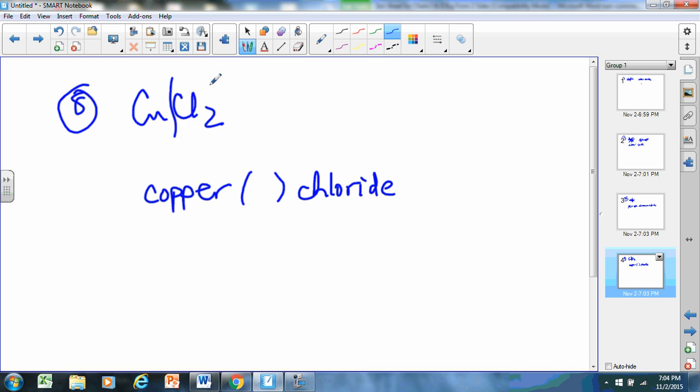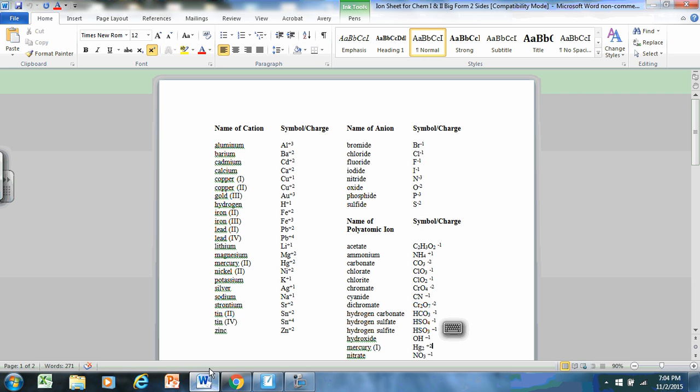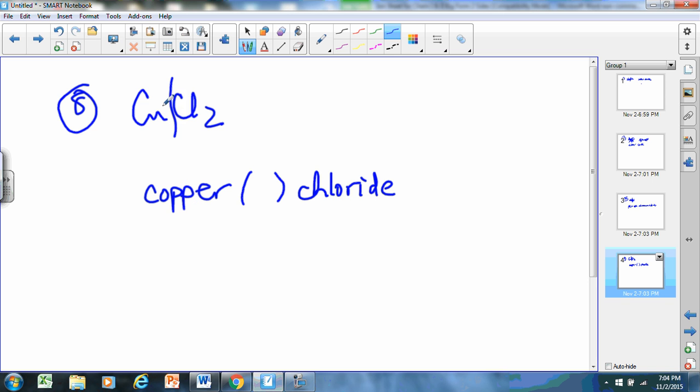Now, how do you figure out if this is a 1 or a 2? Because remember, coming back over here, some compounds of copper have a +1 charge, and some compounds of copper have a +2 charge. The way you figure that out is you solve a very simple algebra problem, and it always goes like this.